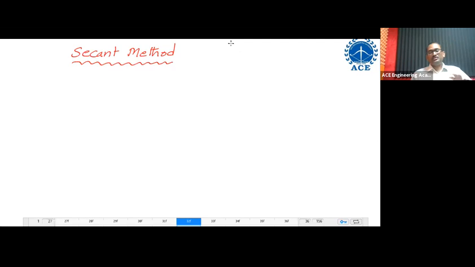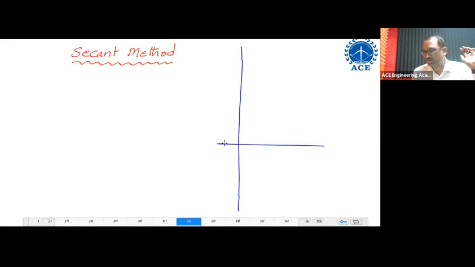Not only in numerical methods, not only in mathematics, in any subject, anywhere, through all problems of the GATE examination, any trigonometric function, if you come across, always express the trigonometric function value in terms of radians only.